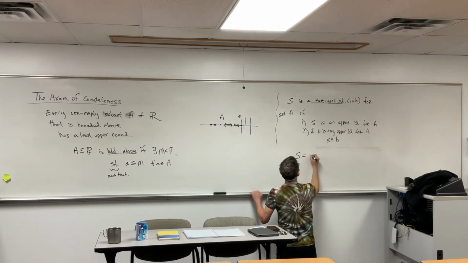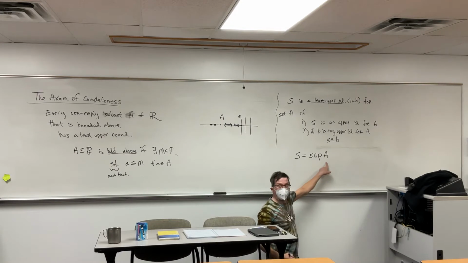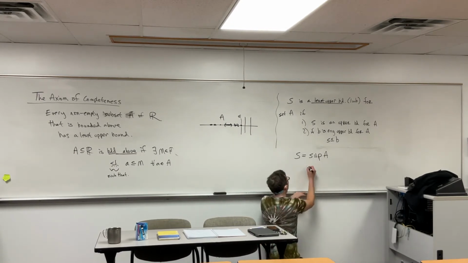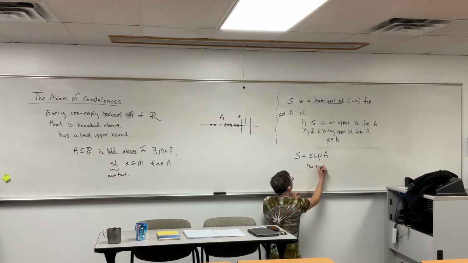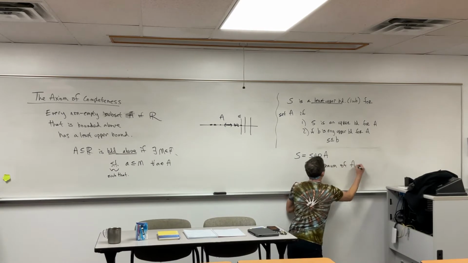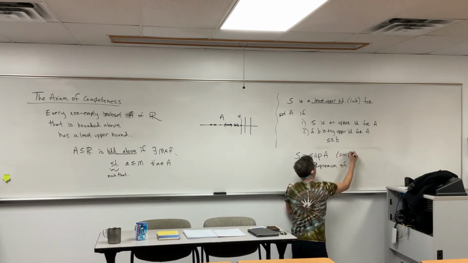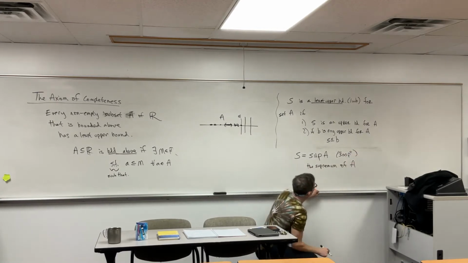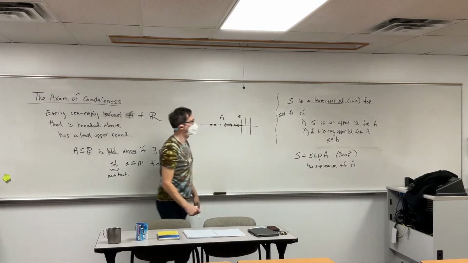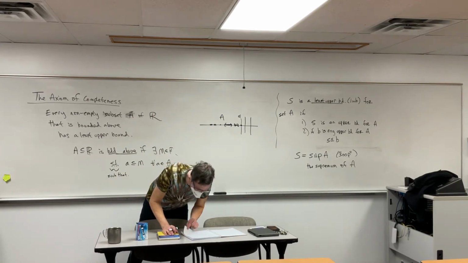S is equal to sup, and this is how we literally say it, the sup of A. So that's how that is pronounced, officially in the math world, standing for the supremum of A. So make a little note. That's how you say that word.